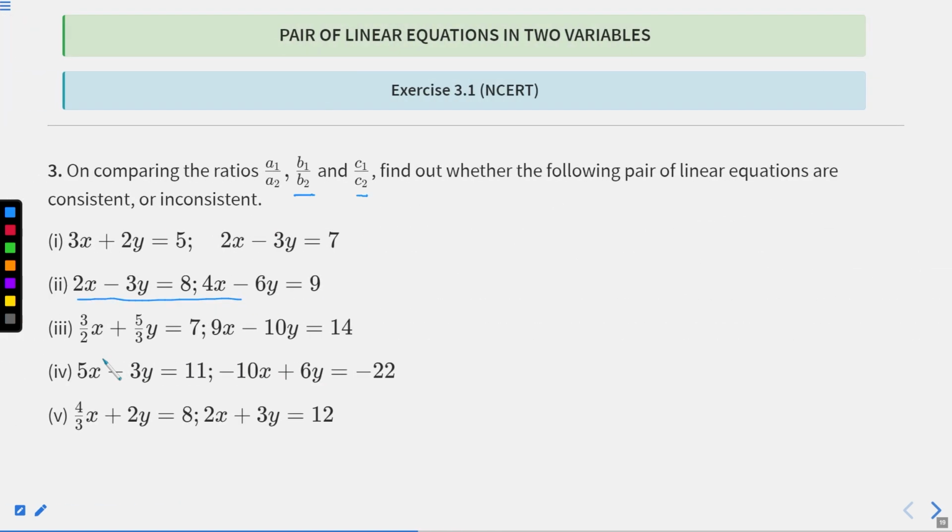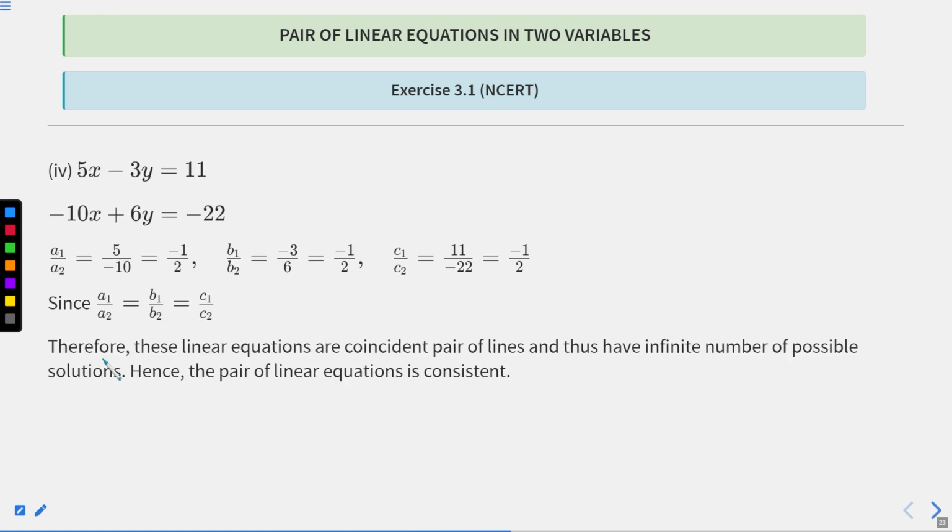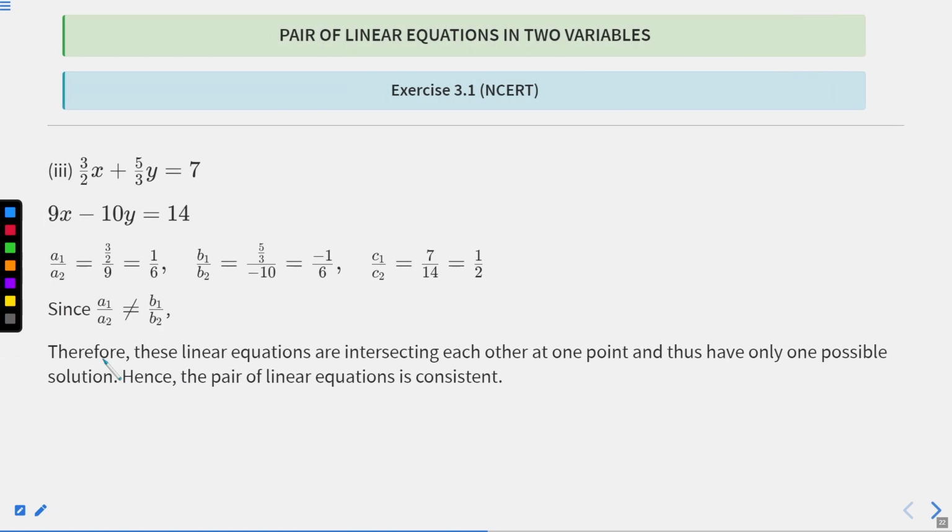Now, question number 3, we have this pair of linear equations. Here the ratio a1 by a2 is equal to 3 by 2 divided by 9, and this is equal to 1 by 6. And the ratio b1 by b2 is equal to 5 by 3 divided by minus 10, and this is equal to minus 1 by 6.